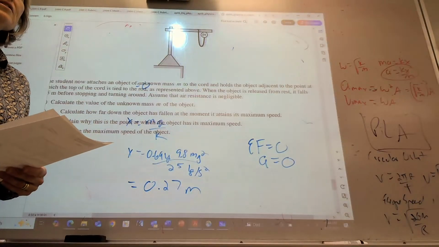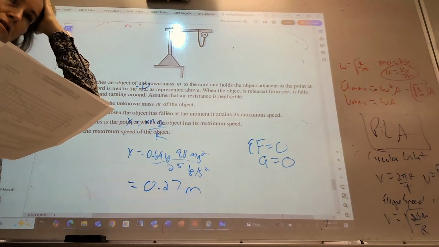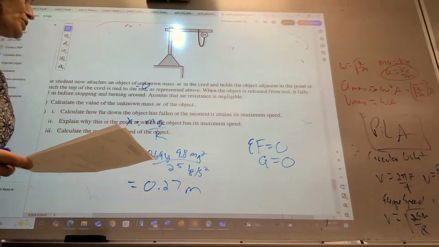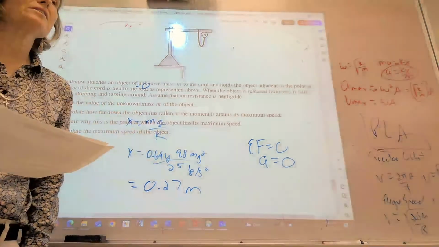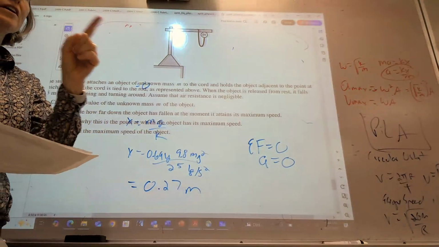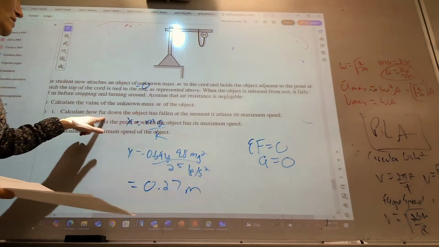What's the final answer? We just figured out how far the spring stretched when it attained its maximum speed. How far did this spring stretch? We did not get how far it was down. What do we have to do to get how far down?